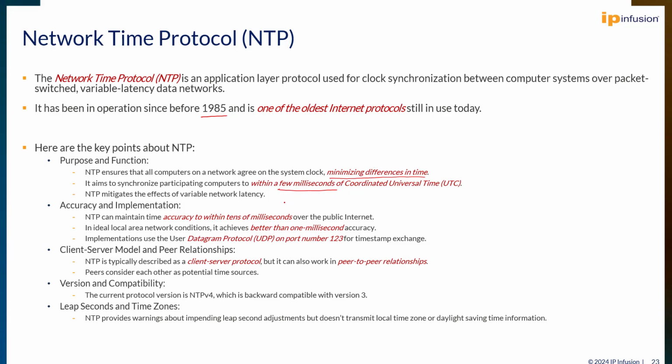So inside the LAN, we are going to have less than, let's say, 1 millisecond. Better than 1 millisecond accuracy inside the LAN. That is because the proximity of the devices is very high in here. But over the WAN, of course, you're going to have something like tens of milliseconds, but not too drastic.